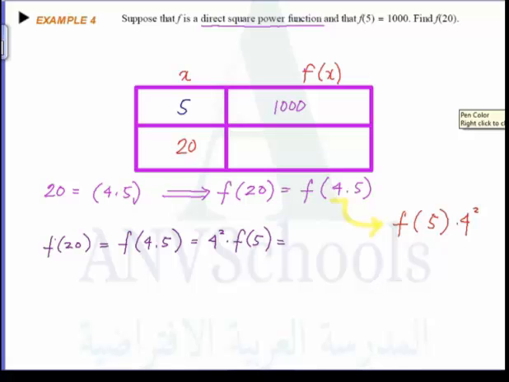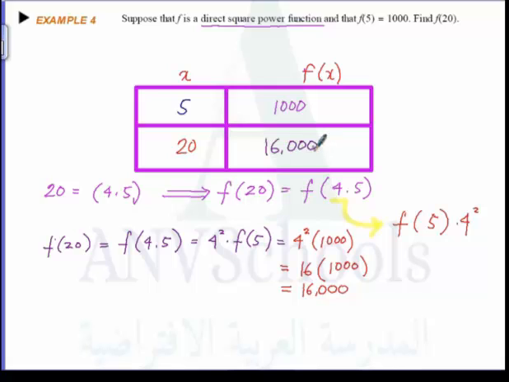So we have 4 squared times 1000. This will give us 16 times 1000, so we have 16,000. Therefore, our f of 20 is 16,000, because it is a direct square power function.